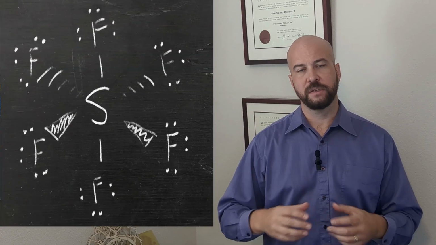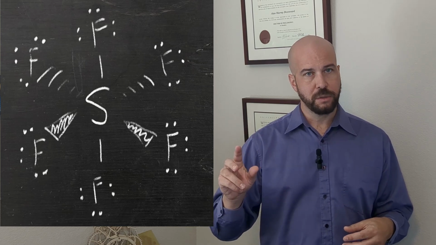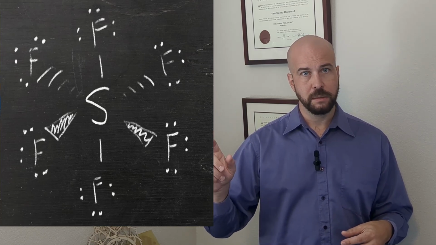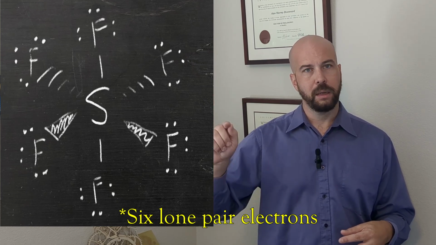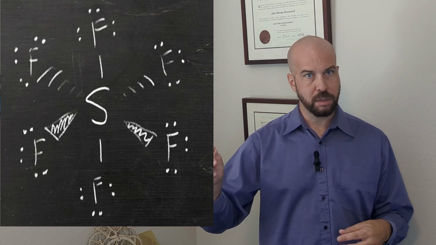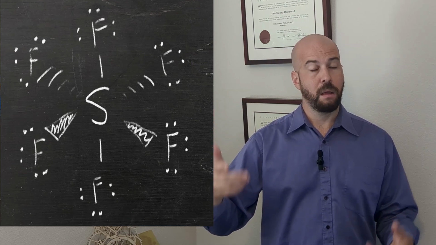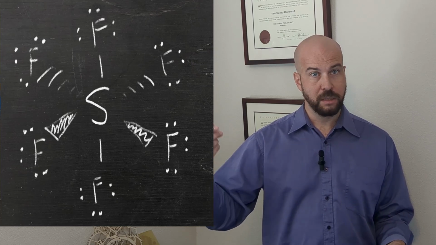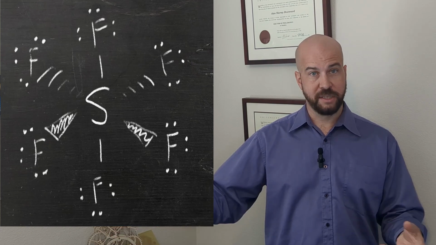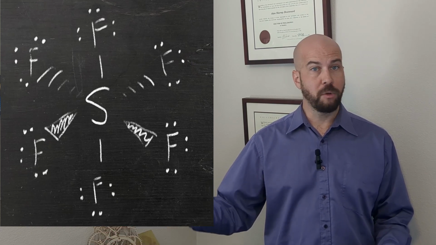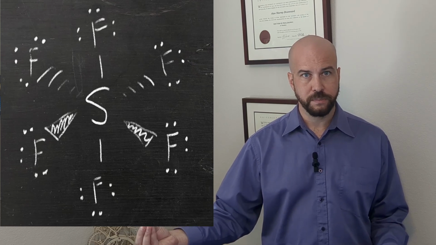If we look at sulfur hexafluoride, calculating formal charges, each of the fluorines has 6 lone pairs and 1 electron coming from the bond, taking it to 7. 7 is its normal valence state, therefore formal charge is 0. Sulfur has 6 bonds, so it has 6 electrons, which is its normal valence state, therefore formal charge 0.